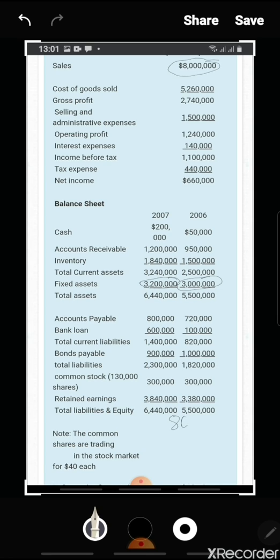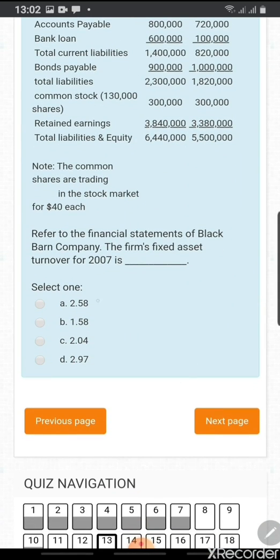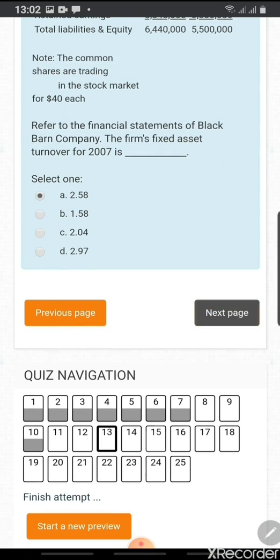So if we write it together in one equation, that will be 8000 divided by 3200 plus 3000 and divided by 2. This is what you need to do in the denominator, and our answer is coming 2.58. So 2.58 is the correct answer.